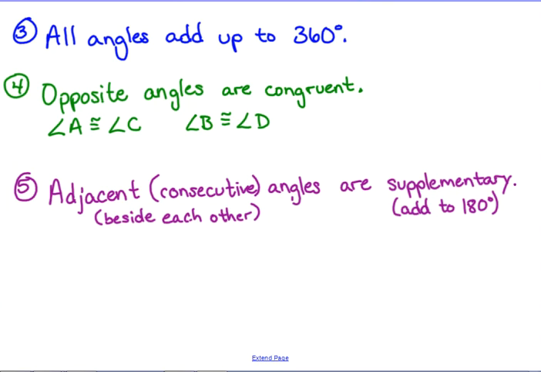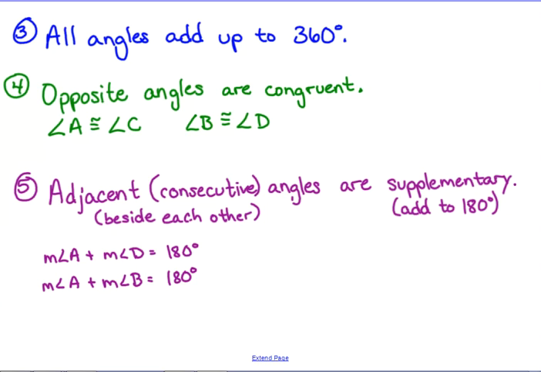So if we were to add the measure of angle A to the measure of angle D, we would get 180 degrees. Also, if we were to add the measure of angle A to the measure of angle B, that would be 180 degrees. When you write it like that, you have to put an M in front so that you're talking about the measure of angle A.